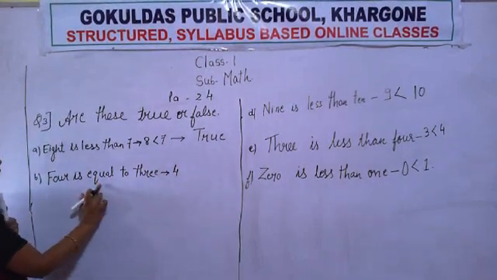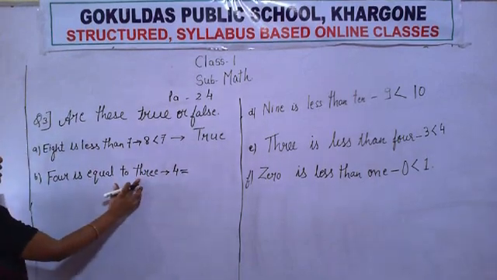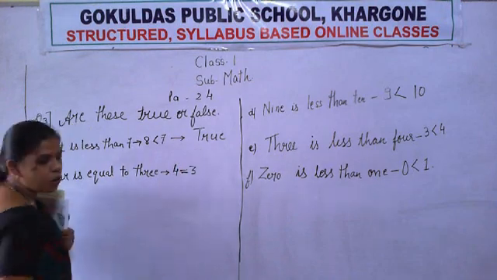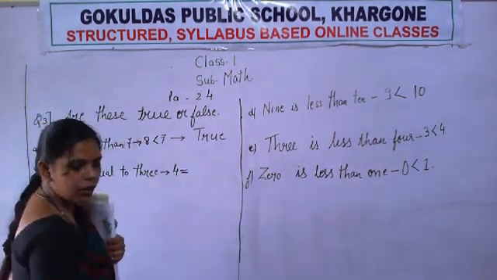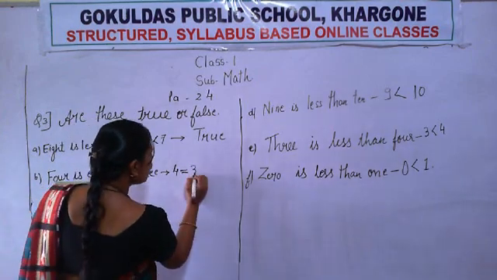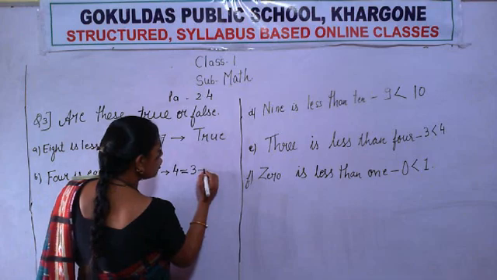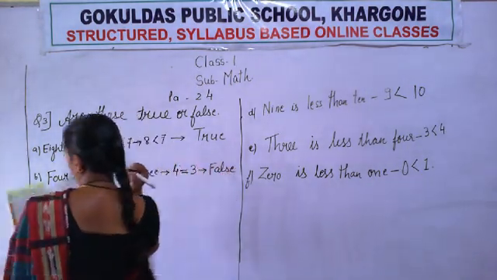Then which symbol will come here? Equal to. And which number is written here? Three, 3. So is this statement true or false? 4 is equal to 3. Do 4 and 3 both equal? You say yes or no? No, it is false. So write here false. This statement is false.